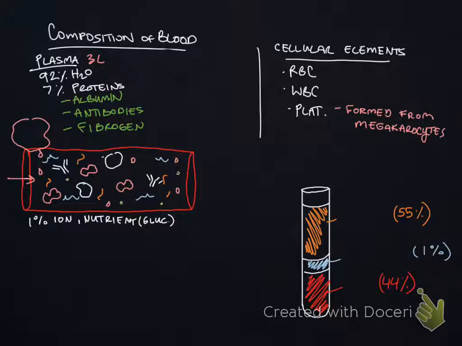Okay, so down here we have a centrifuge tube, or a test tube. And if we put that into a centrifuge, what happens is all the constituents of the blood, everything that is in the blood, gets separated out. So a centrifuge, if you think of a washing machine tub, it spins, right?